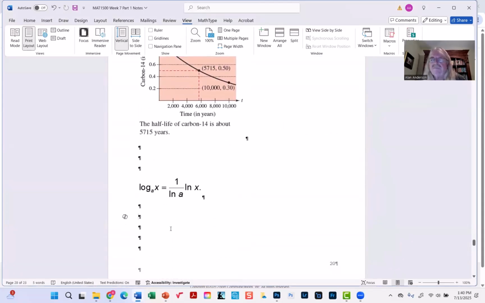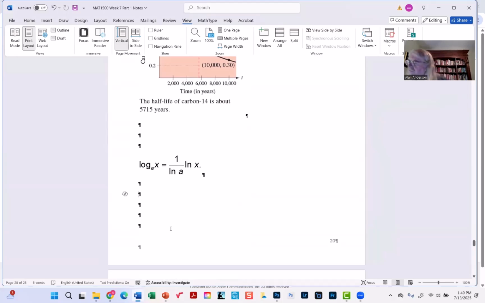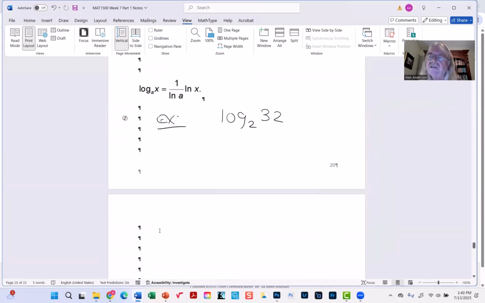So for example, what if I needed to know the log base 2 of 32? Well, there's no log base 2 in this calculator. It has 10 and it has the natural log, and that's it. So it turns out what I can do is rewrite it: let a be 2, x is 32.